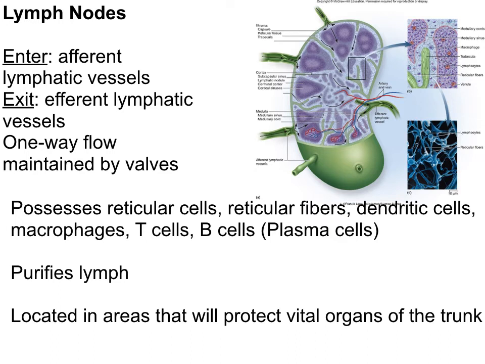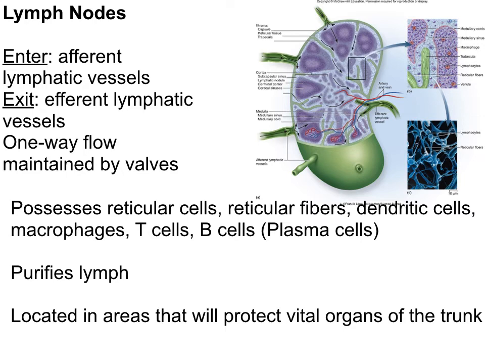So you're going to find lymph nodes in the axilla. So remember your axillary region, your armpit. These lymph nodes are going to help to filter out pathogens that are coming from the upper limb towards the torso. You have a cluster of them around the base of the neck, so where the neck attaches to the torso.